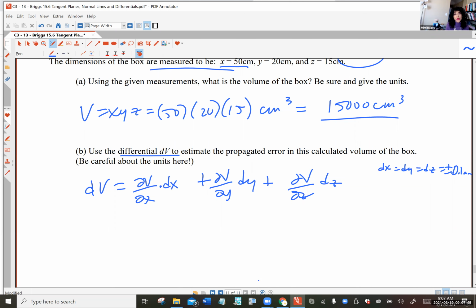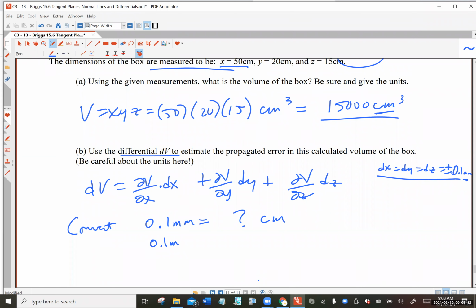Now we want to have our units all be uniform. It looks like this millimeters doesn't match the centimeters. So let's convert millimeters to centimeters. 0.1 millimeter is equal to how many centimeters? You guys know how to figure this out? You know, some stoichiometry.